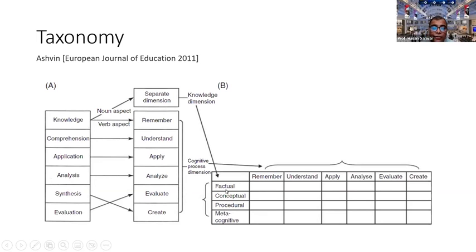So you can see from here that factual knowledge can be at the remember level, it can be at the understand level, it can be at the apply level, it can be at the analyze level, it can be at the evaluate level, and it can be at the create level as well. Similarly, conceptual knowledge, procedural knowledge, metacognitive knowledge, all these knowledges can fall into any of the categories of these 6 dimensions of the cognitive domain.